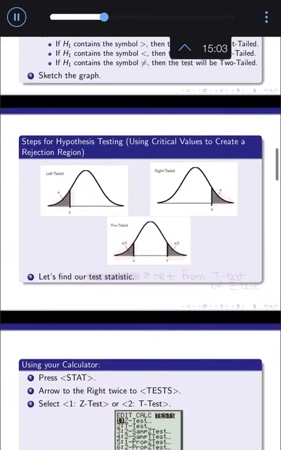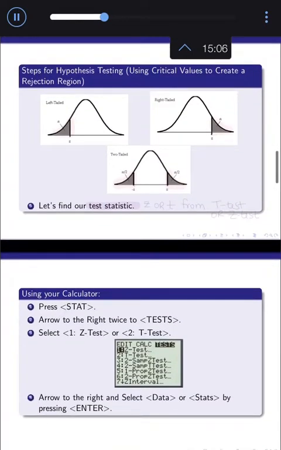The difference is when you actually run your test, you're going to be looking at using not a p-value, but a z-value or a t-value. The value that comes out of your test from your calculator, that's going to be what's called your test statistic.